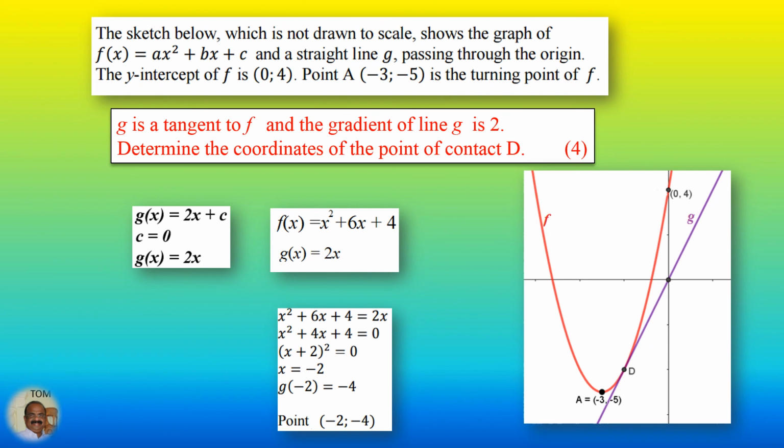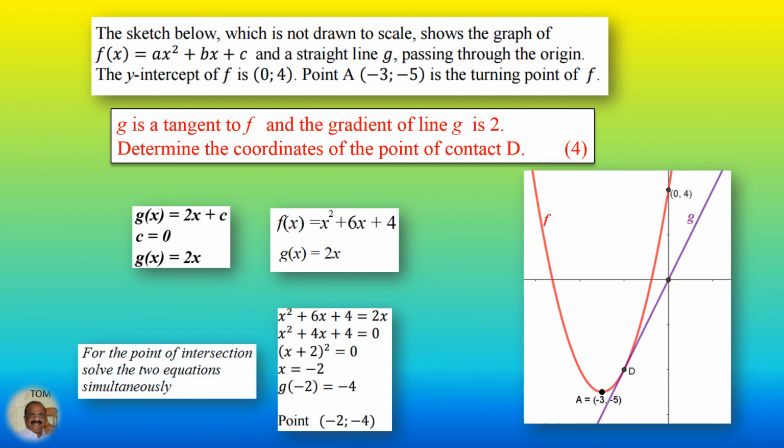So we write x² + 6x + 4 = 2x, changing it into standard form: x² + 4x + 4 = 0 on the right side. Now we factorize this quadratic equation, that is (x + 2)², so we get x = -2.